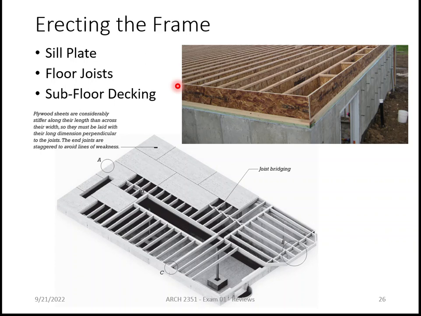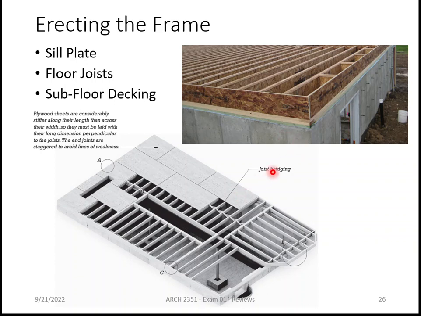This is usually called the rim joist, though. It's the most common. They may run between 2x6s and 2x12s in size. They can be 16 inches to 24 inches. They can, in some cases, be 12 inches.